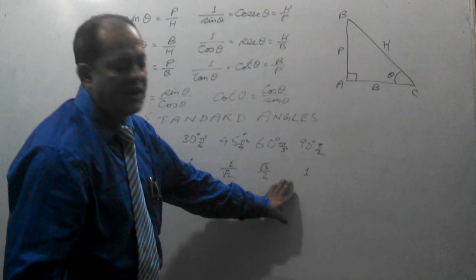Here we had written sin A plus B as sin A cos B plus cos A sin B, and sin A minus B had been written as sin A cos B minus cos A sin B, right?